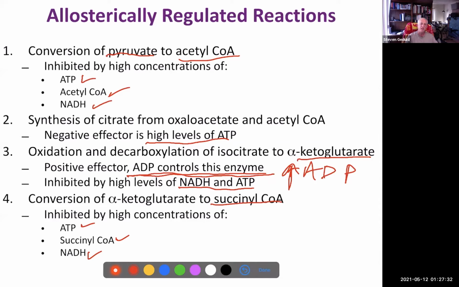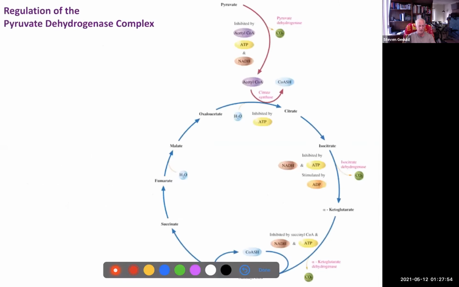So every single reaction, all four, are negative controls except the oxidation and decarboxylation of isocitrate to alpha ketoglutarate. That one has a positive effector in ADP. When you think about it, if there's a lot of ADP, it means you need energy because you've got to convert that to ATP. That's the one positive effector on it. And those are the four allosteric enzymes.